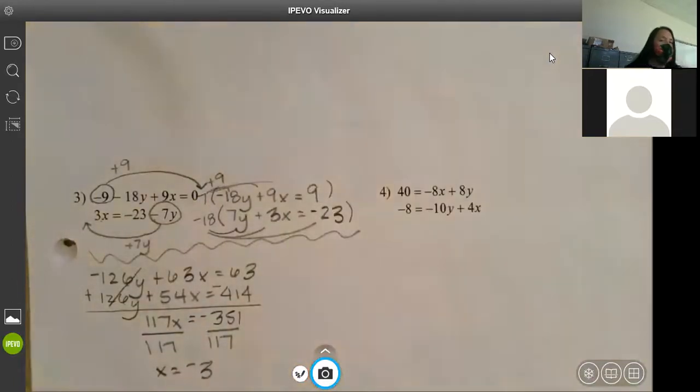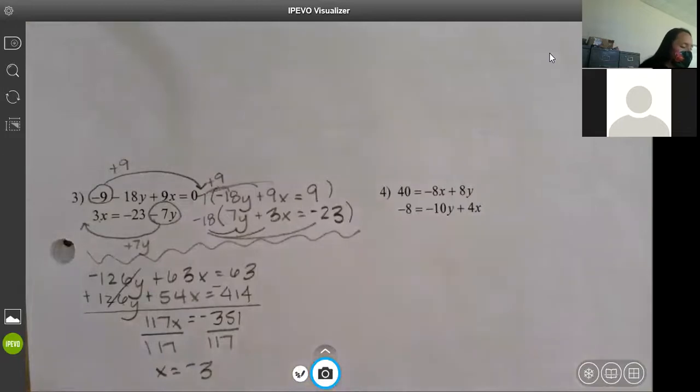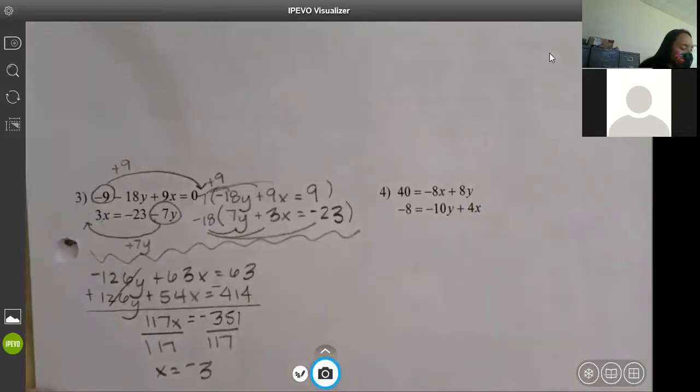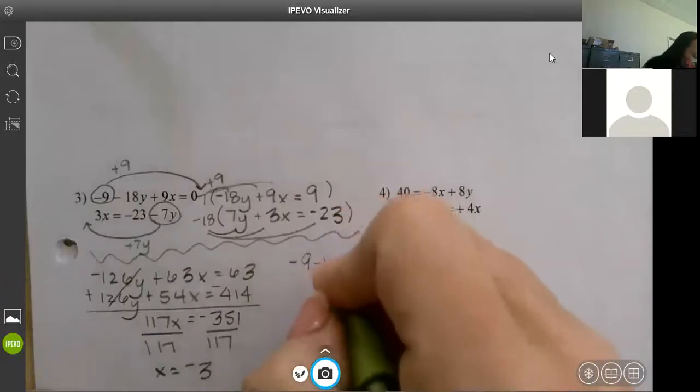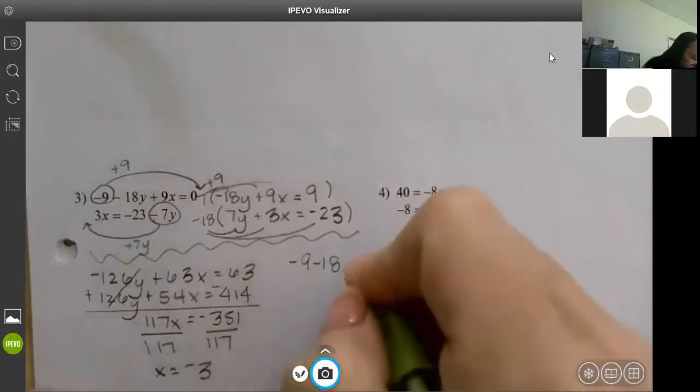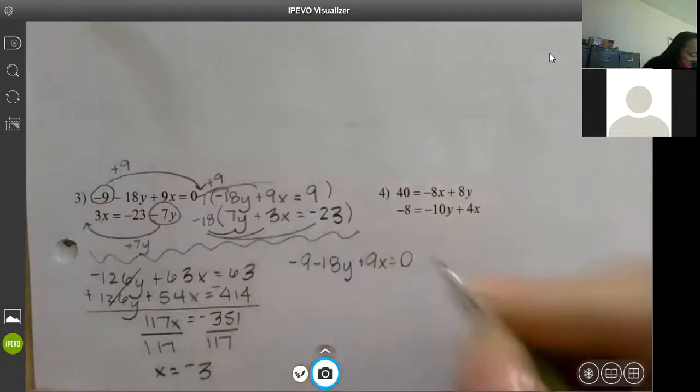Now I have x, so make sure that you go back in and plug in for y. Use either equation. It honestly does not matter which one. I'm going to pick the top one just because. If you like the bottom one better, that's fine as well.